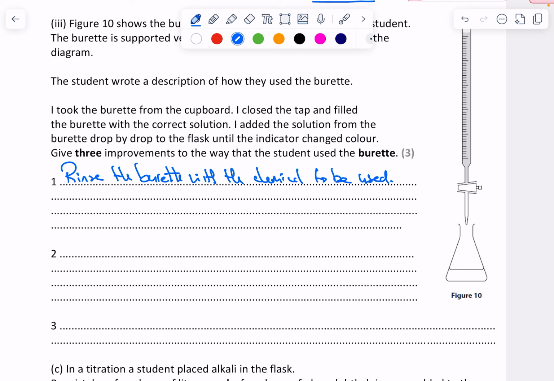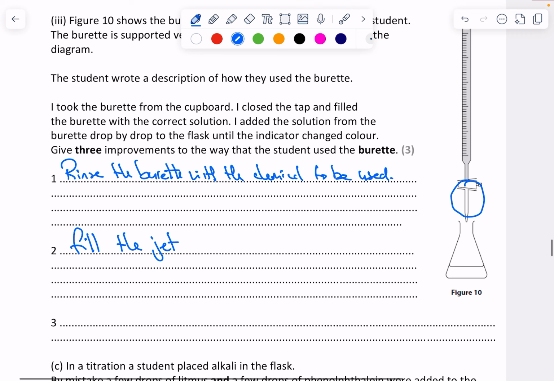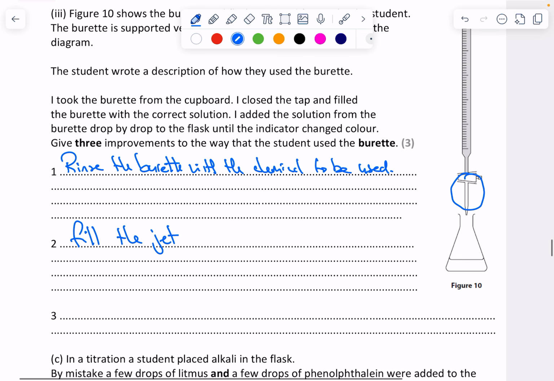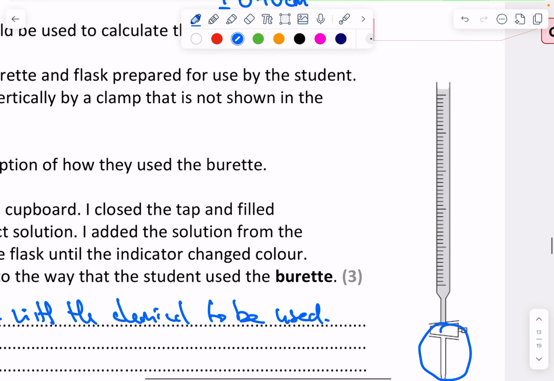The second thing is, if you look here, they haven't got the jet filled. So the second thing you would do is make sure to fill the jet. So the end beyond the little turner is the jet. Other thing they haven't talked about is, at the beginning here, if we zoom in, they've actually put more of the solution in there than you can read on the scale.